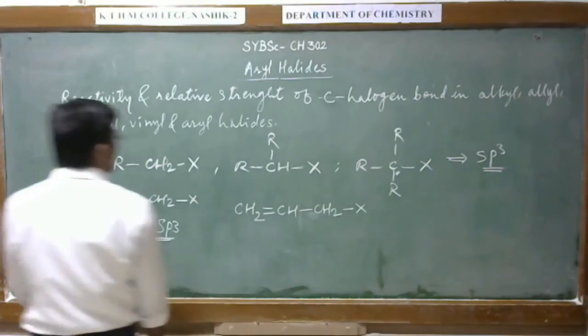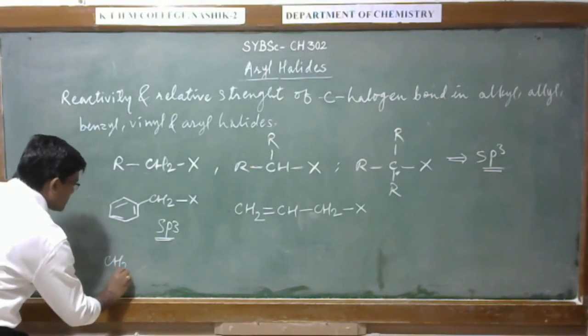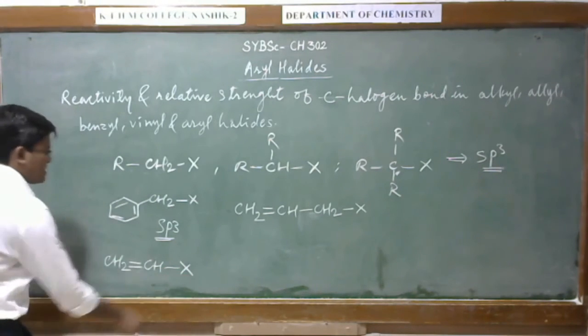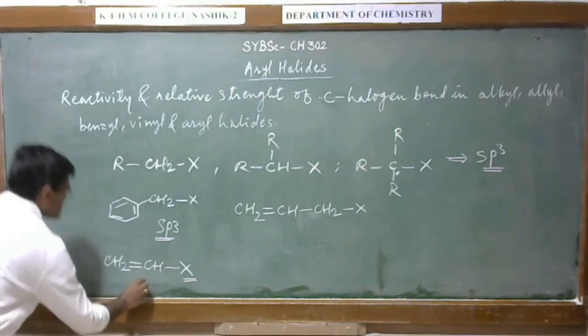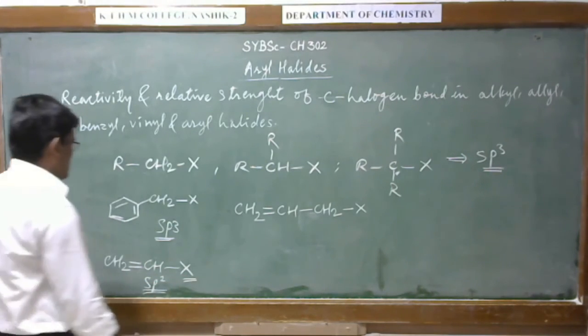But when you have this vinyl halide, here this halogen is attached to this sp2 hybridized carbon.